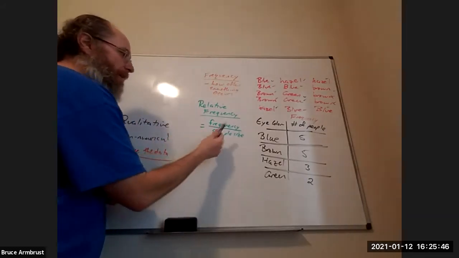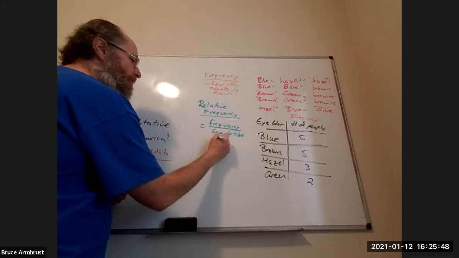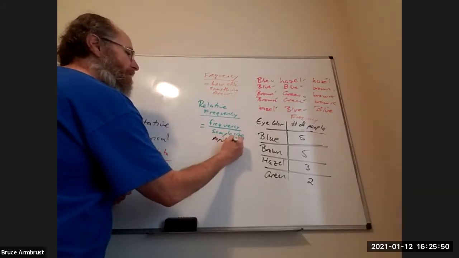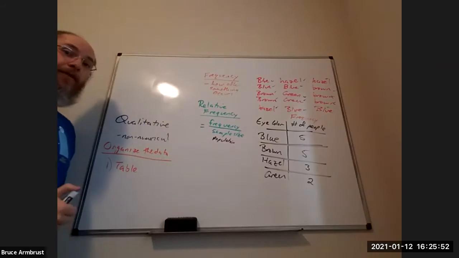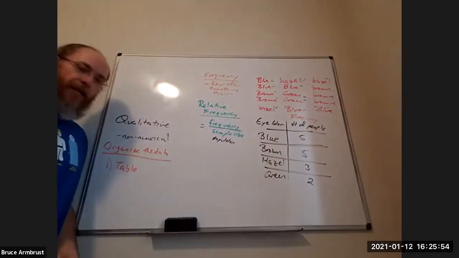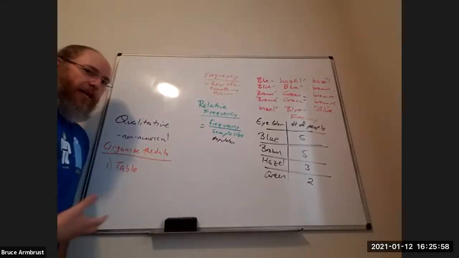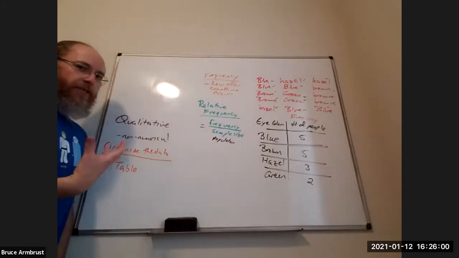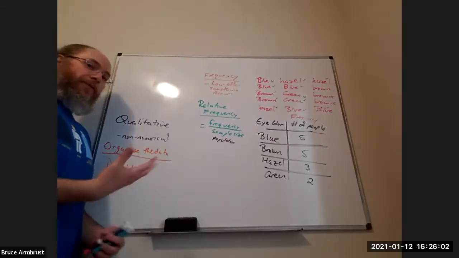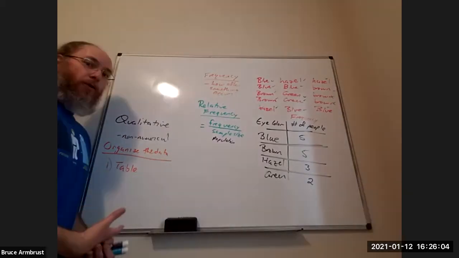It also could be population size, if we're talking about the frequency in a population, but we don't usually know the frequency in a population as a whole. We tend to know it just for our sample, but basically you take the frequency divided by the total number.